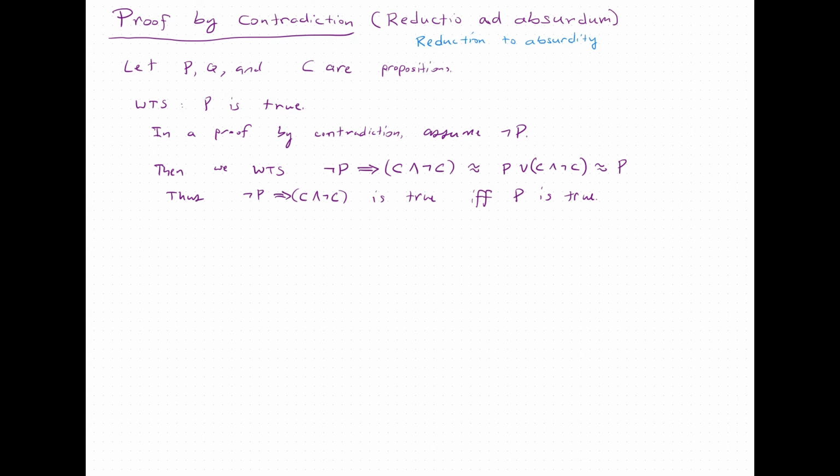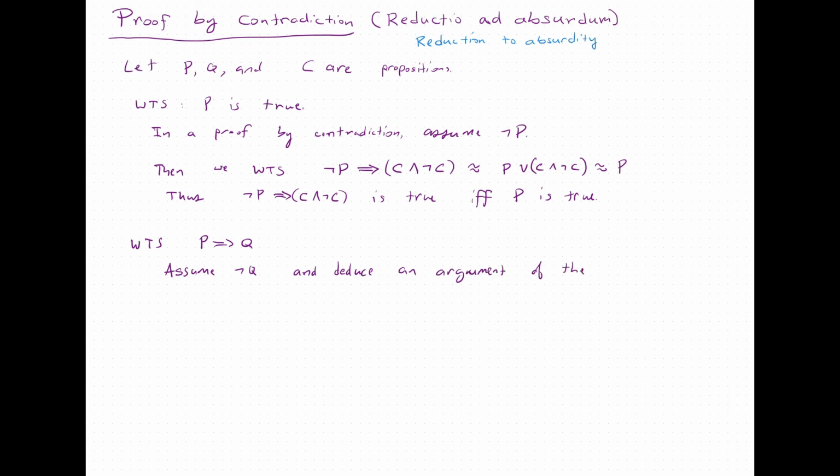On a related note, suppose that we wanted to show instead that P implies Q. In this situation, we do the same thing. We assume, so in this case we are assuming P, and we want to show Q. So now we assume not Q, and show of the form.